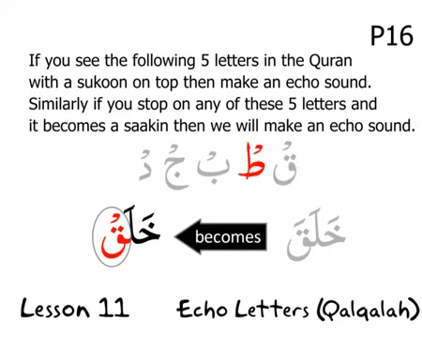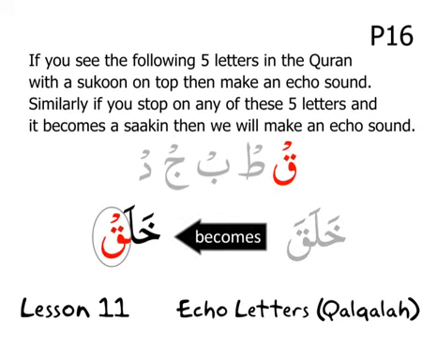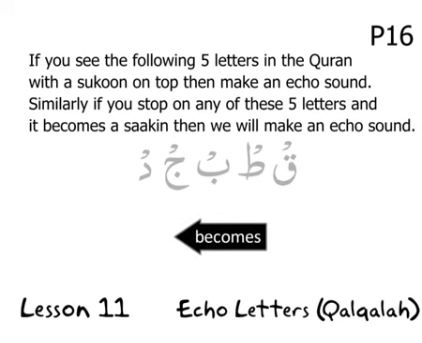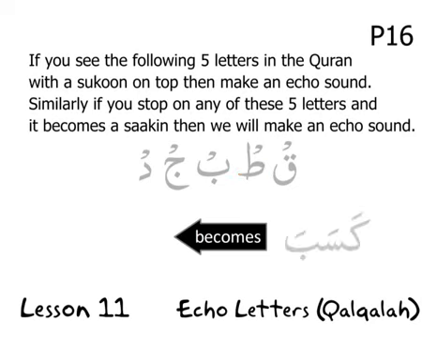So if you see qaf, ta, ba, jim, dal with a sukoon on top, then it is echoed. But if you're stopping at the end of a verse and it becomes a qaf, ta, ba, jim, dal sakin, then also we make an echo sound. So khalaqa is a qaf example. It becomes khalaq. You hear the echo? The ta example is muhitun, which becomes muhit.